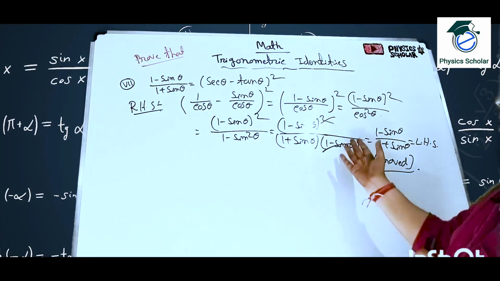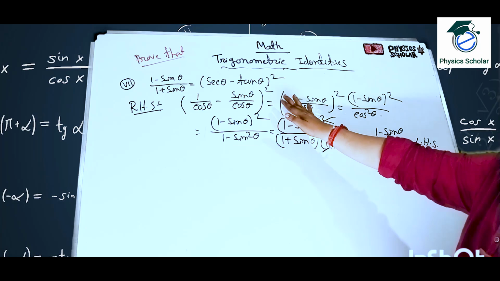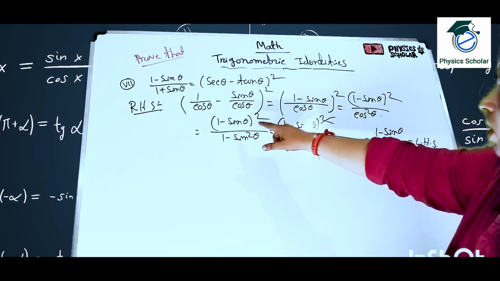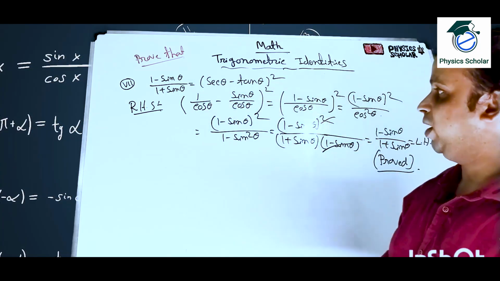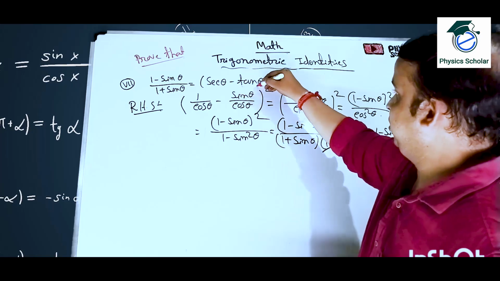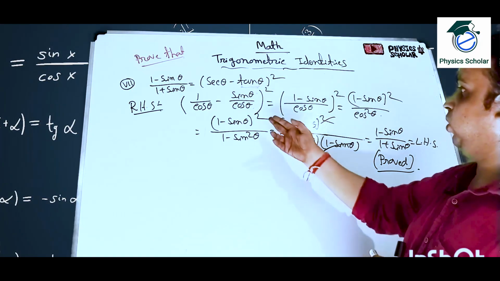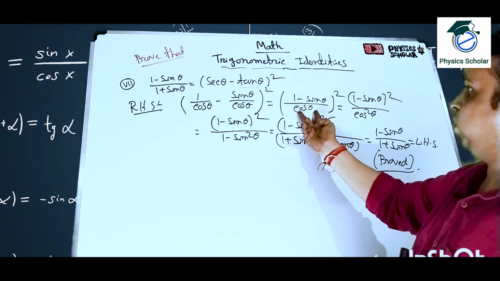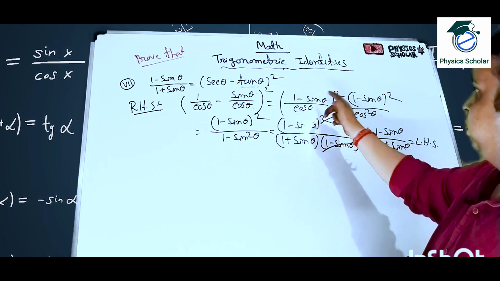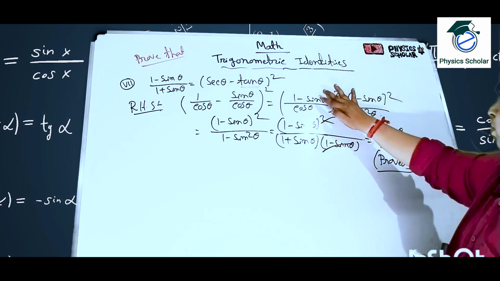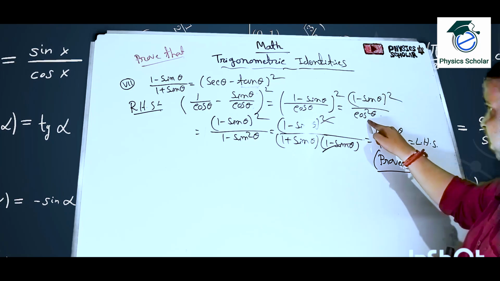So here we are moving from the right hand side. Sec theta means 1 by cos theta, and tan theta means sin theta by cos theta, whole square. So here cos theta will be the LCM. So 1 minus sin theta whole square divided by cos square theta.